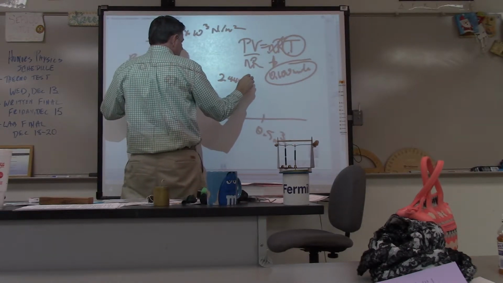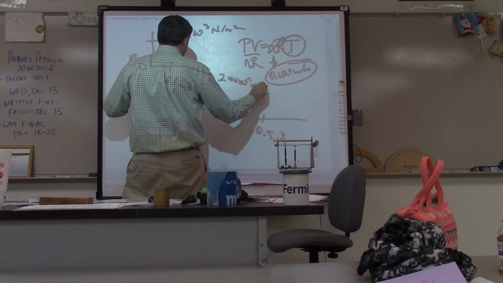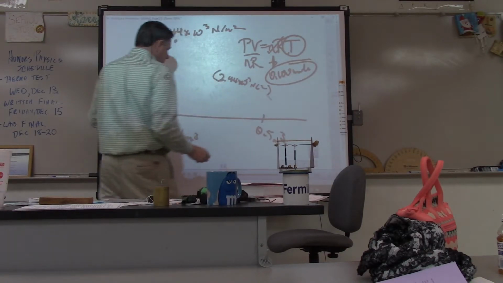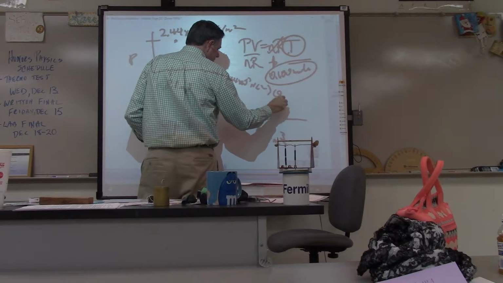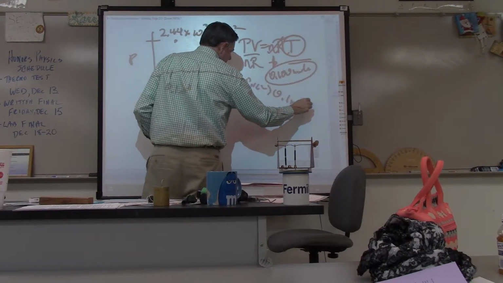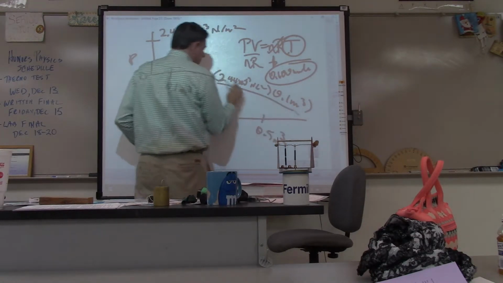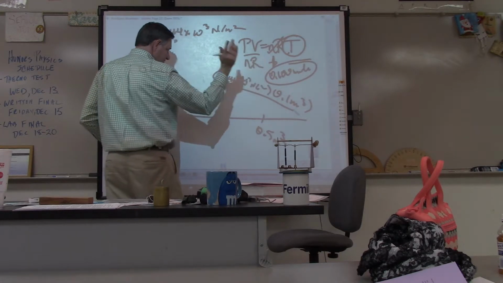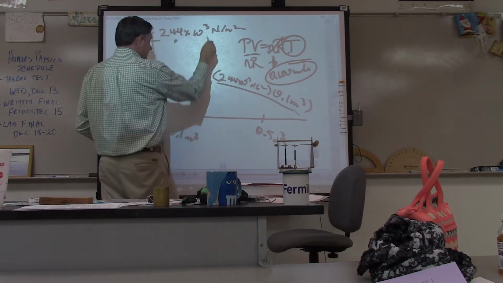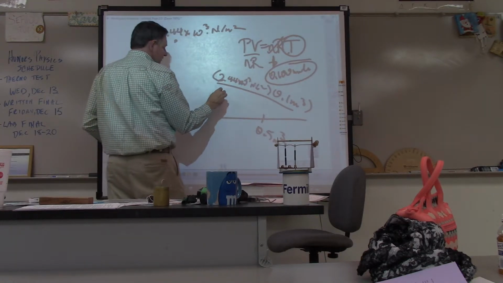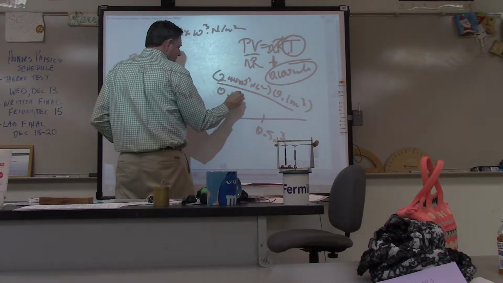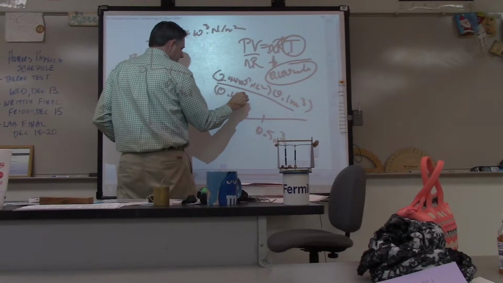So somebody take 2.44 times 10 to the third newtons per square meter times a volume of 0.1 cubic meters. So that's 2.4 times 10 to the third for those of you in the studio audience. Okay, that's this number. And then we're going to divide by n, which is going to be 0.1 moles, so we don't have a lot of gas in there.